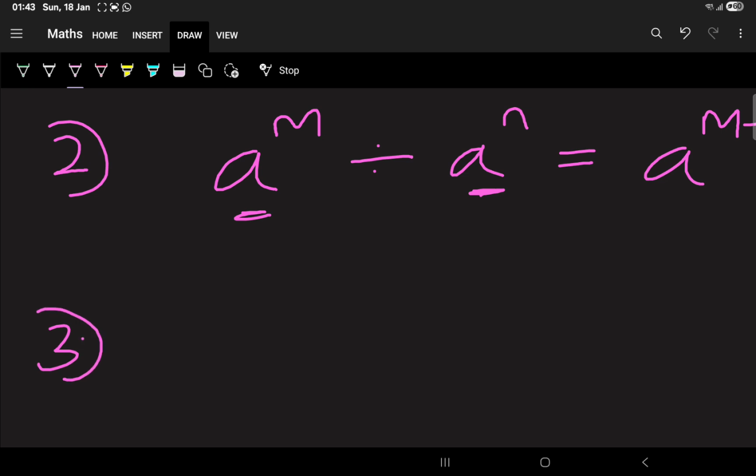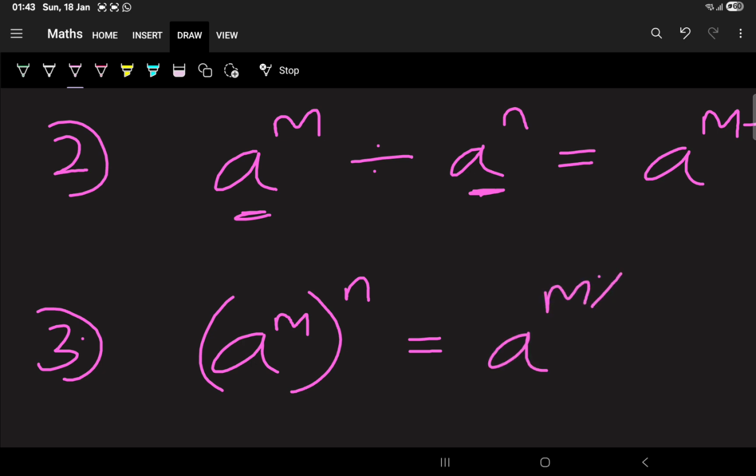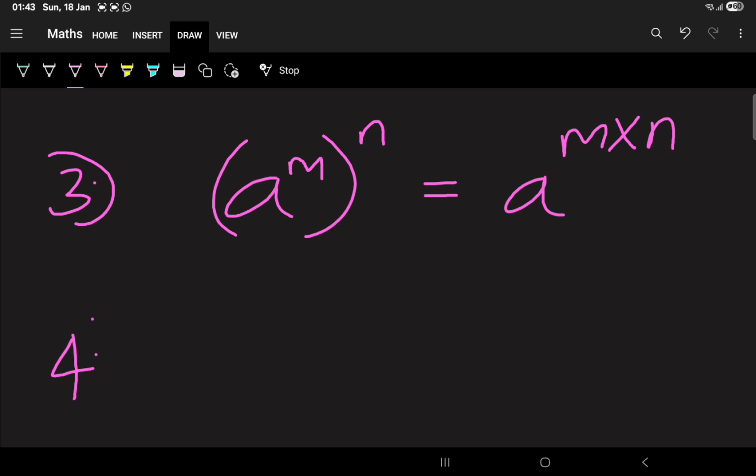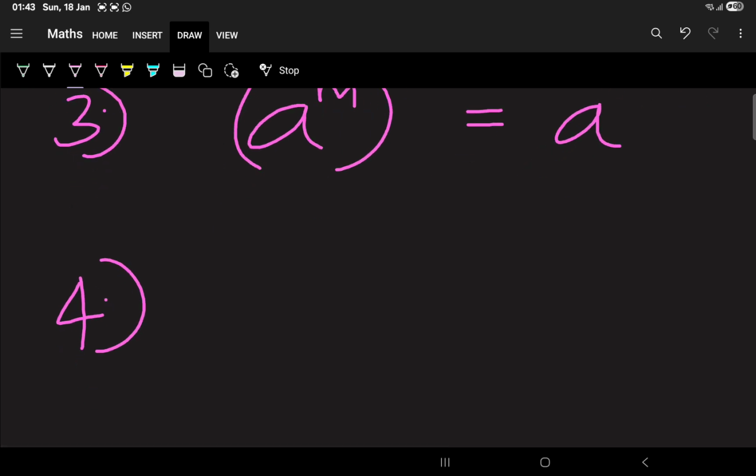Thirdly, power of a power. So for instance, if you have a raised to the power of m, raised to the index n, this is equivalent to a raised to the power of m times n. Fourthly, the zero power law.